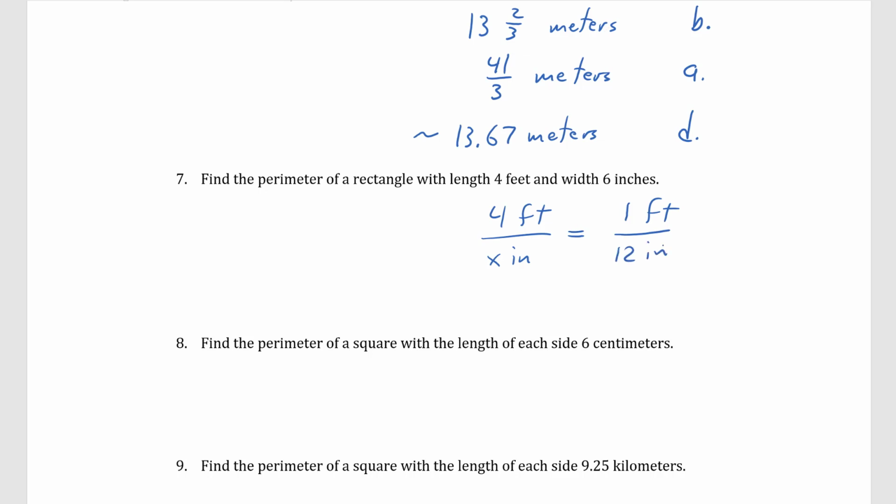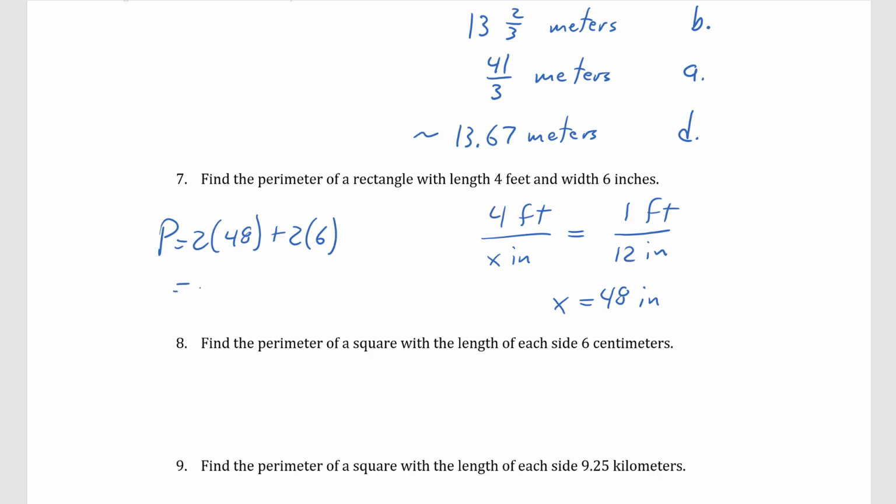We did these back in lesson 2-5, I believe it was, or 2-4. If we solve this, multiply on the diagonal, divide by the remaining number, we should find out that x is equal to 48 inches. So now I can use my formula. P is equal to 2 times 48 plus 2 times 6.